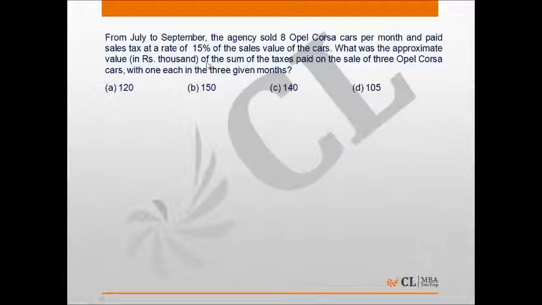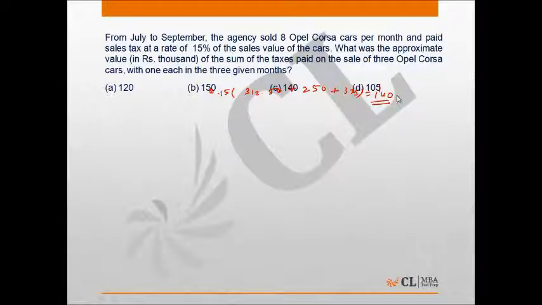So the tax paid over the given period would be 15% of 312.50 plus 250 plus 375, which comes out as 140.